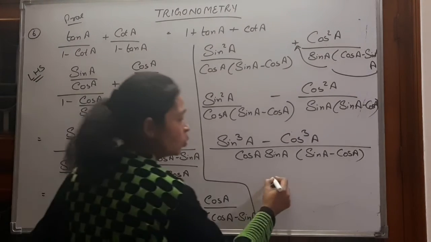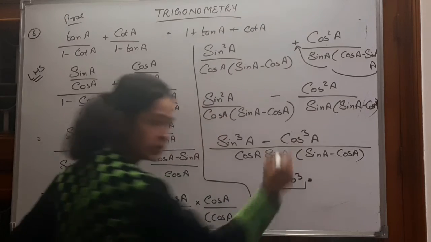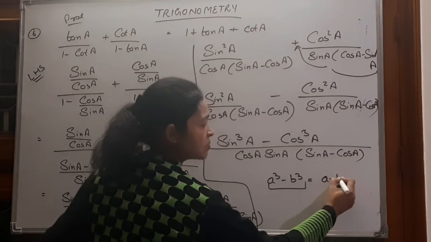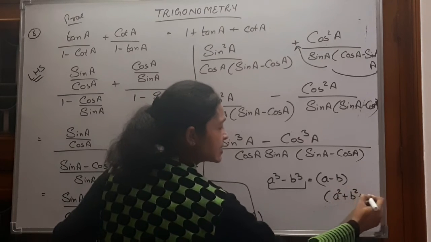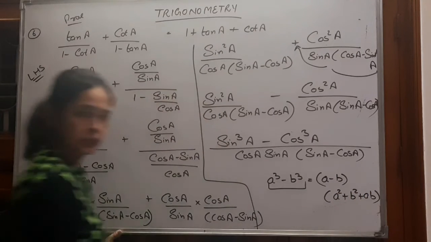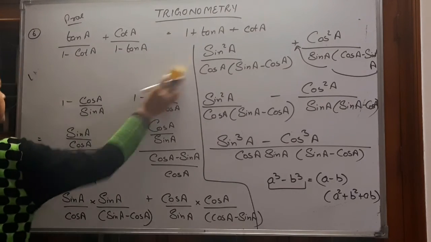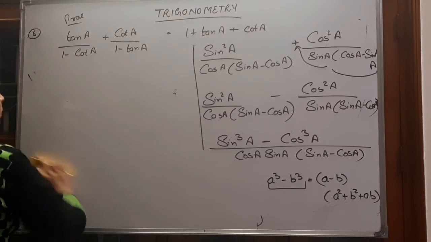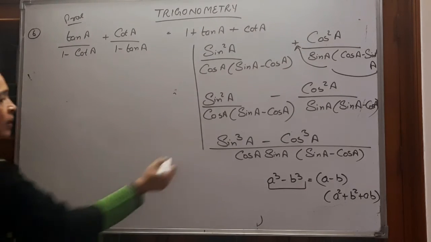Now, what is a cube minus b cube? Very important formula for class 10 students. A cube minus b cube equals a minus b into a square plus b square plus ab. Children, pause the video and note it down. Now we have sin cube a minus cos cube a.